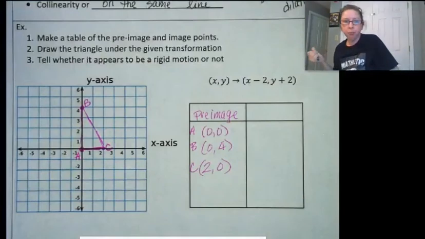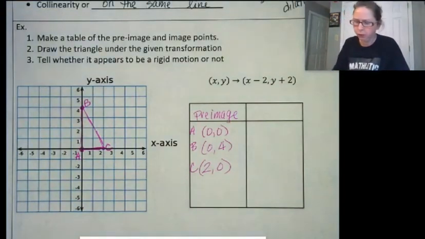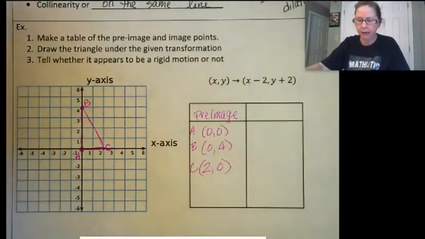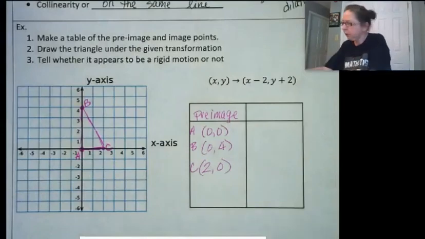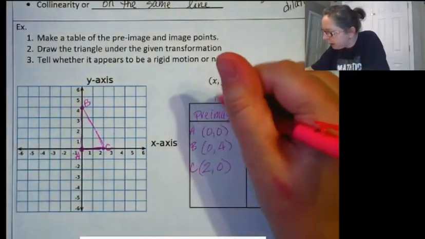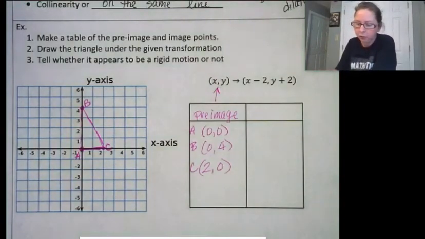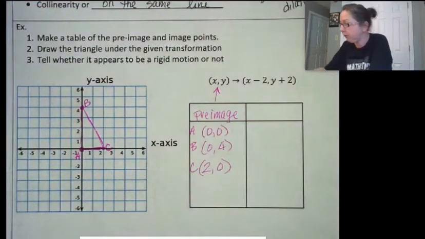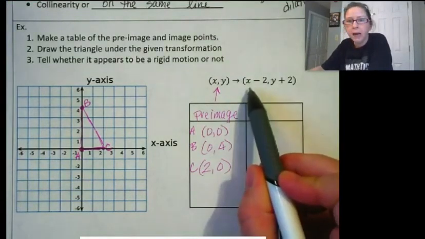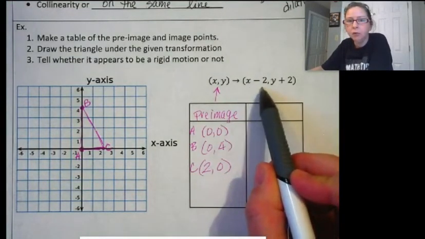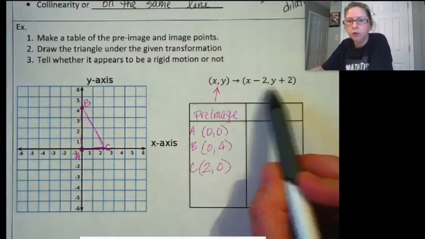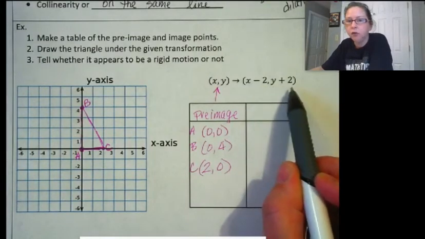Now I'm going to change to, well, do I want blue? I'll use black and then I'll just highlight it. Okay, we need to go from the pre-image, which were these points, X, Y, and we need to apply some changes to these points. So for my X value, I'm going to subtract 2. For my Y value, I'm going to add 2.